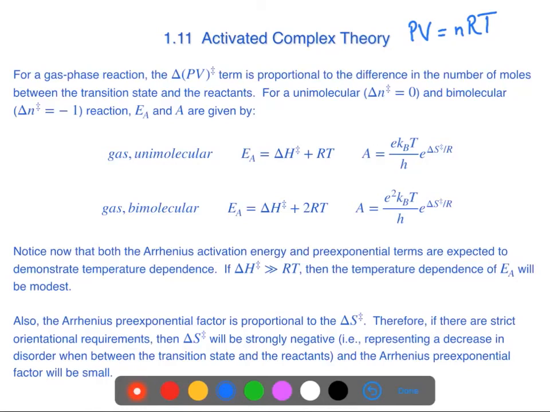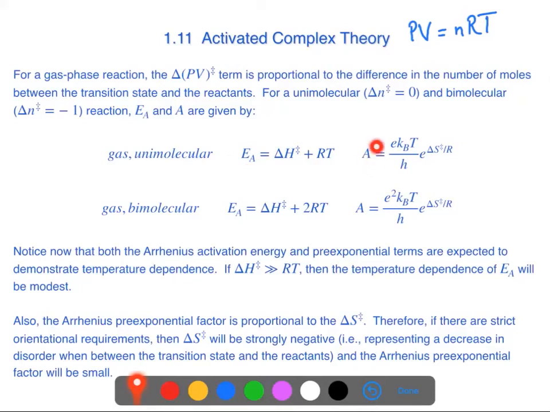So these two different situations present two different equations for the activation energies, as well as the pre-exponential factors. For a unimolecular gas phase reaction, we expect, according to the activated complex theory, the activation energy to be equal to the change in the enthalpy of activation plus RT.